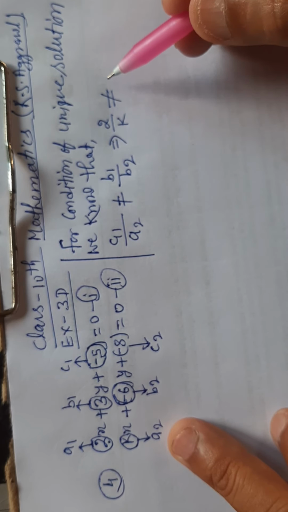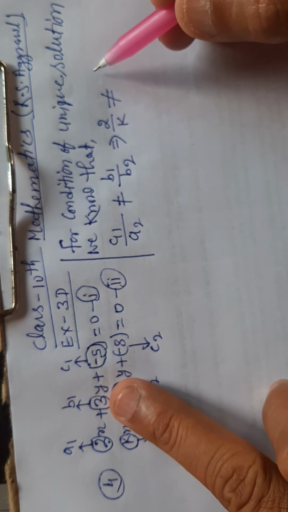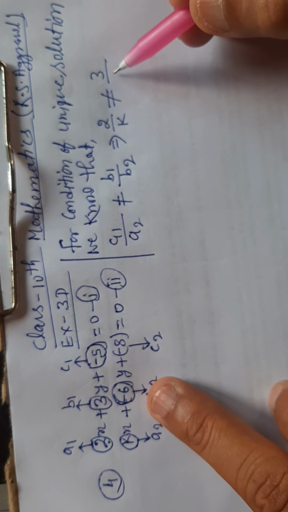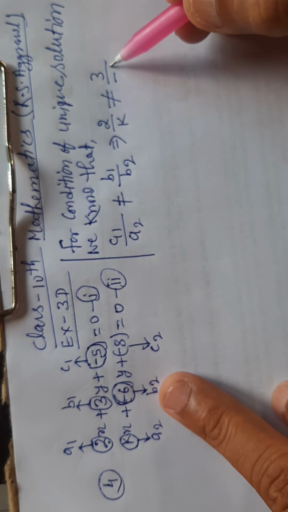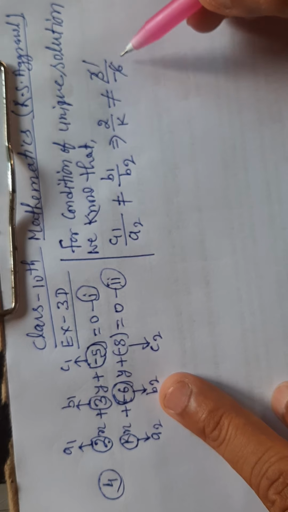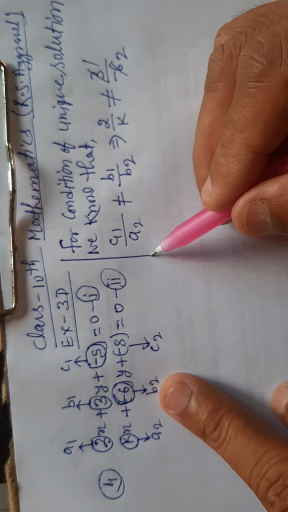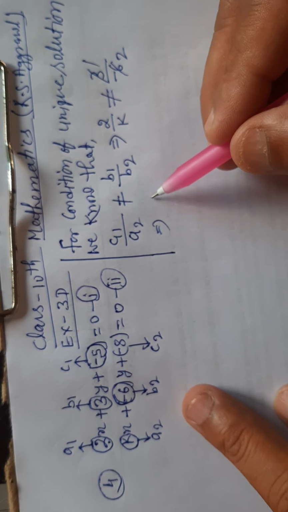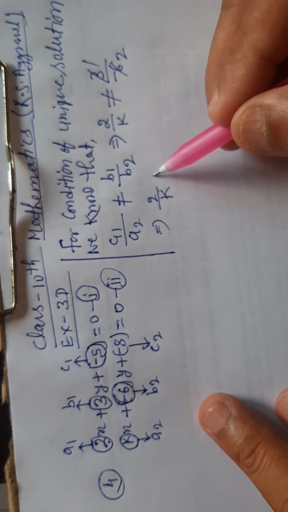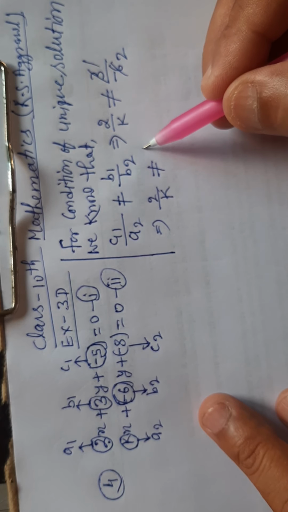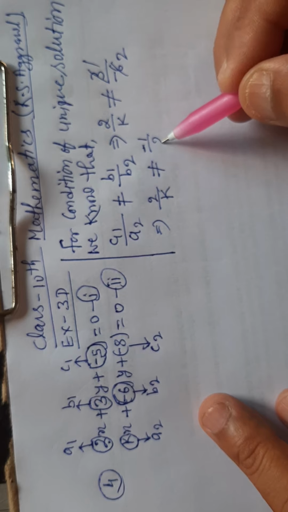Not equal to b1 is 3 and b2 is minus 6. This implies 2 by k is not equal to minus 1 by 2.